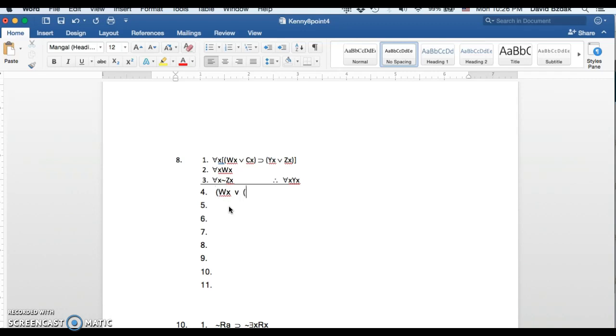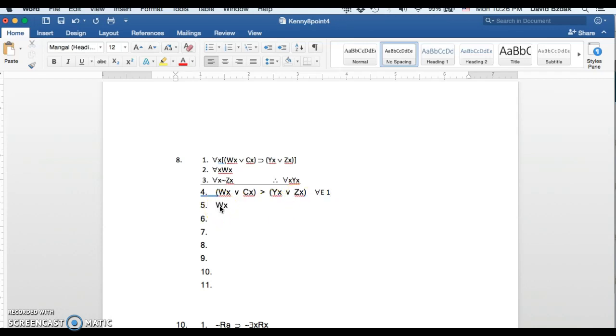Wx or Cx, conditional Yx or Zx. So that's universal elimination of 1.